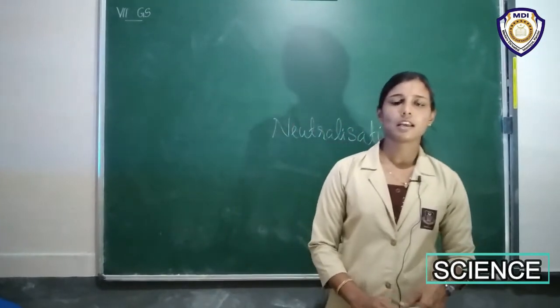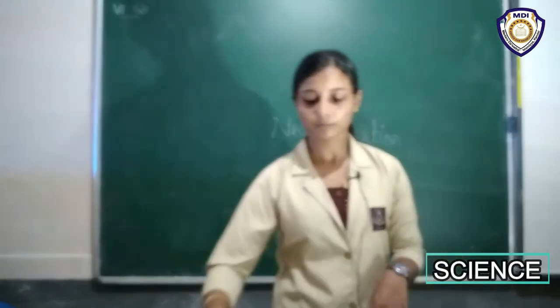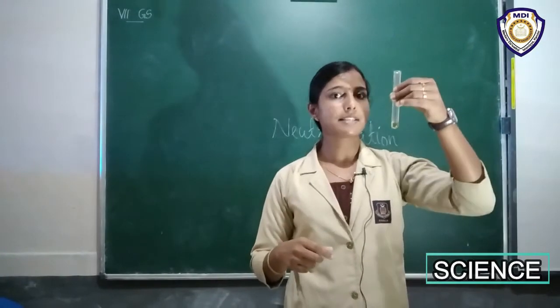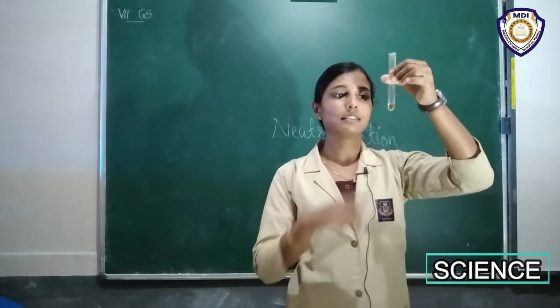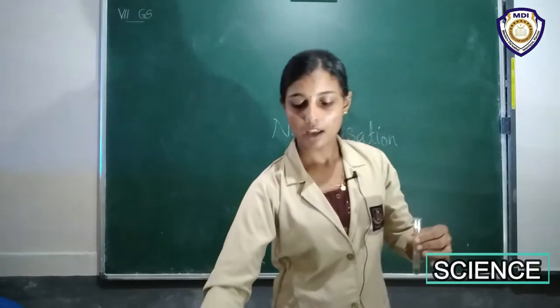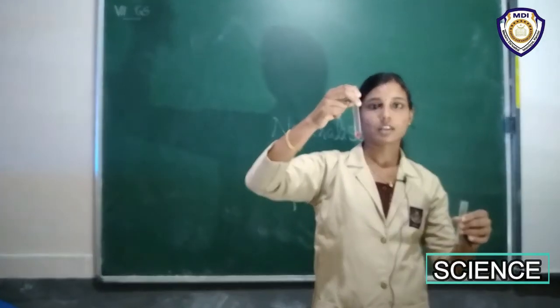When an acid is mixed with a base, here we have a basic solution, right? China rose indicated this: China rose gives a greenish color, which means it is a basic solution. And here this is an acidic solution, right?